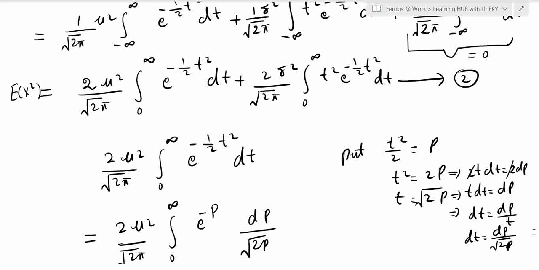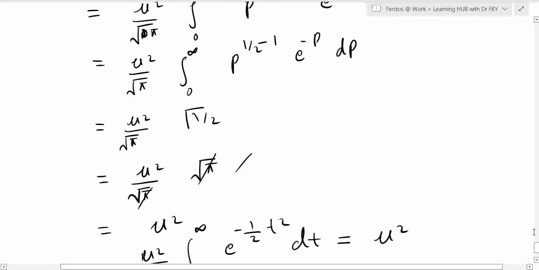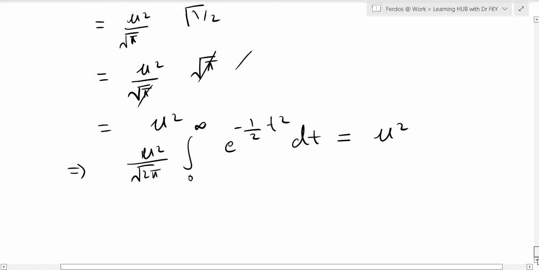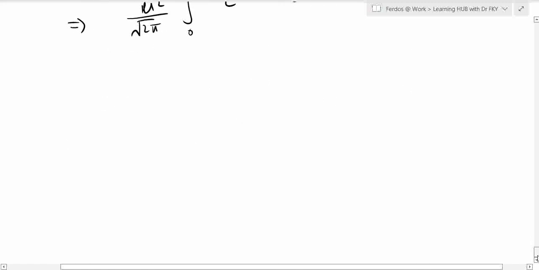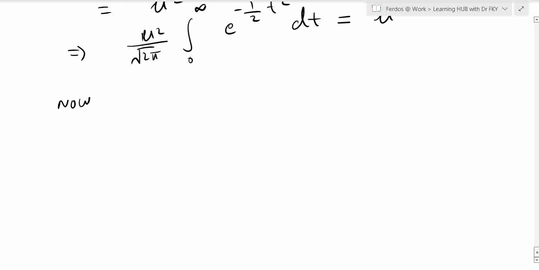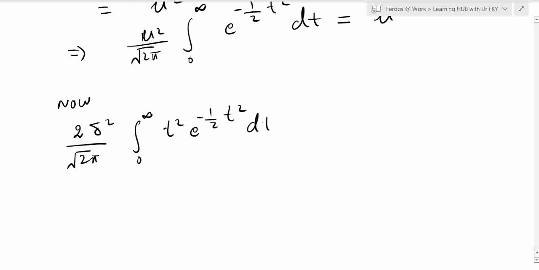Again, you can use the same substitution to solve this part. Okay, let's take this one. Now part 2. Part 2 is equal to 2 sigma square divided by square root of 2 pi, 0 to infinity e power minus 1 divided by 2 t square dt.